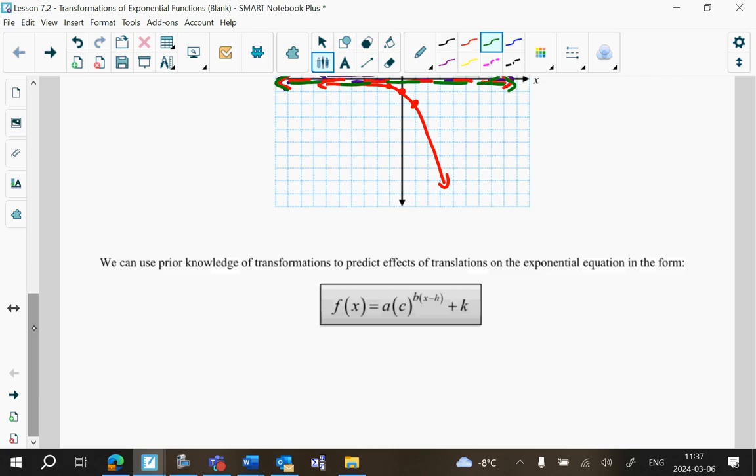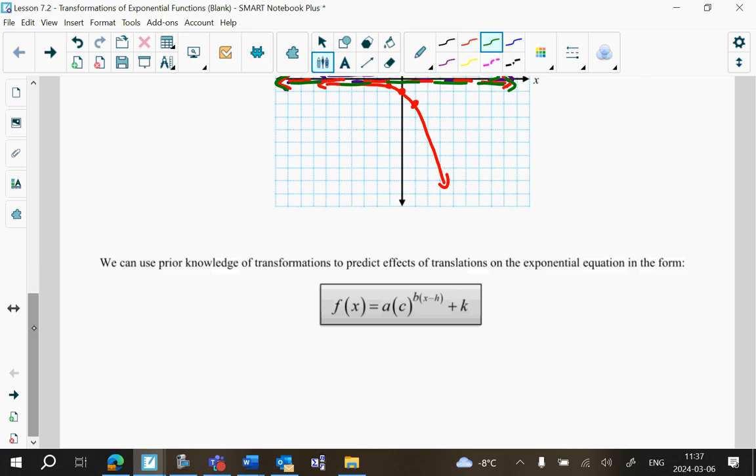B, if it's negative, flips it horizontally. But if there's a number there, then it stretches it horizontally by, what do we times it by? The reciprocal, 1 over B. What does this do? Shifts it left or right, horizontally. This shifts it up or down. Okay.